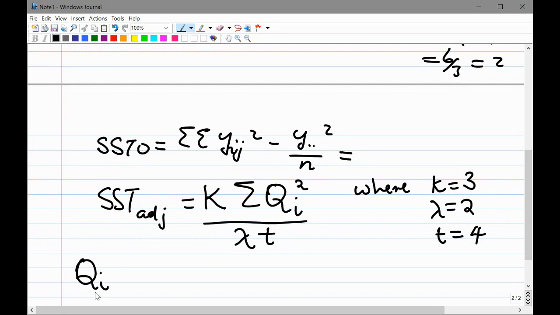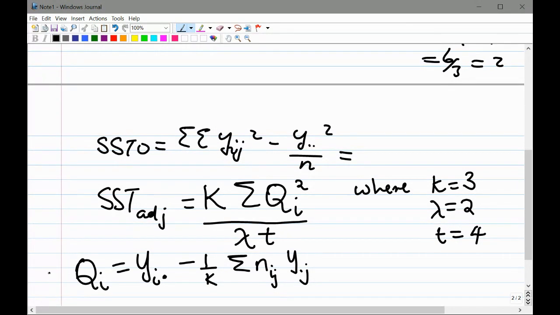So now I want to explain what we mean by the Qis. The formula for Qi is given by Yi dot, I will explain this formula, minus 1 over K times the summation of Nij Y dot j.